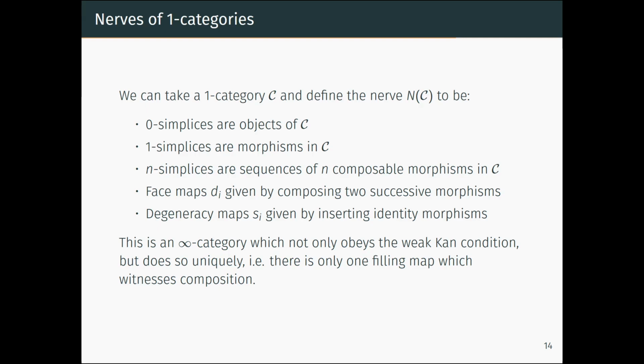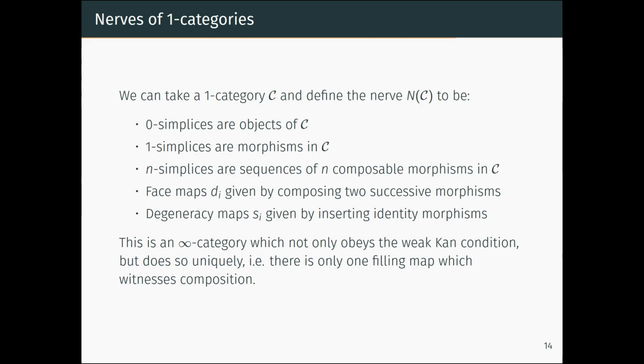And so our face maps, which reduce the dimension of our simplices, so they remove a vertex, are going to be given by composing successive morphisms. So we remove whatever middle object was there and just have the morphism from composition. In our degeneracy maps, which duplicate a vertex or an object, we're just going to insert an identity morphism in between our two identical objects.